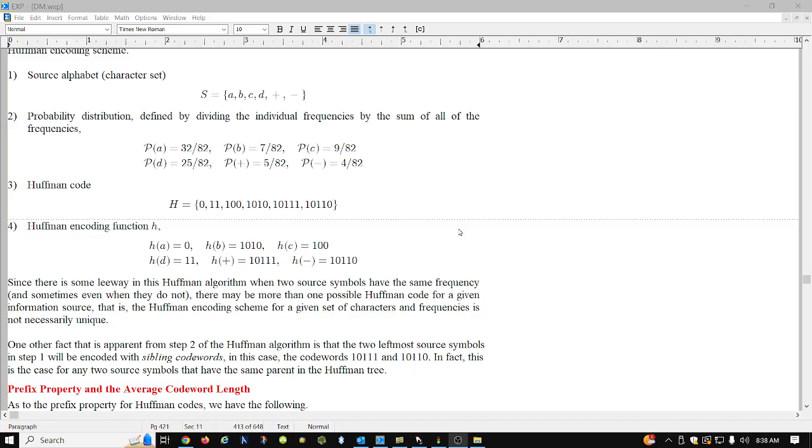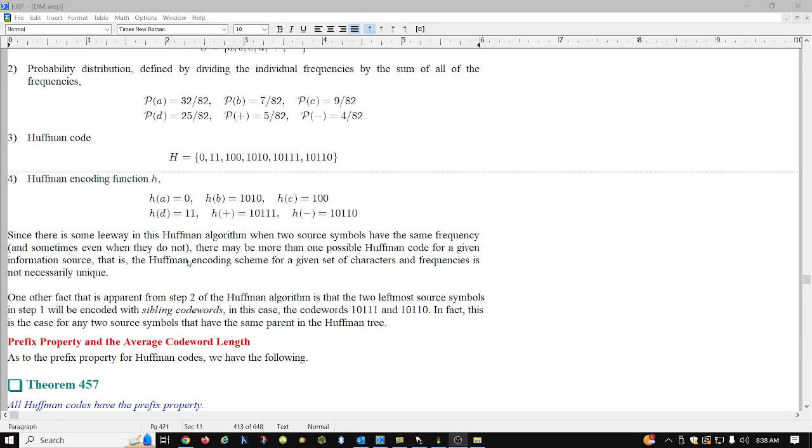So there can very likely be more than one Huffman encoding scheme for a given source. But as I said, all of them have the smallest average code word length.